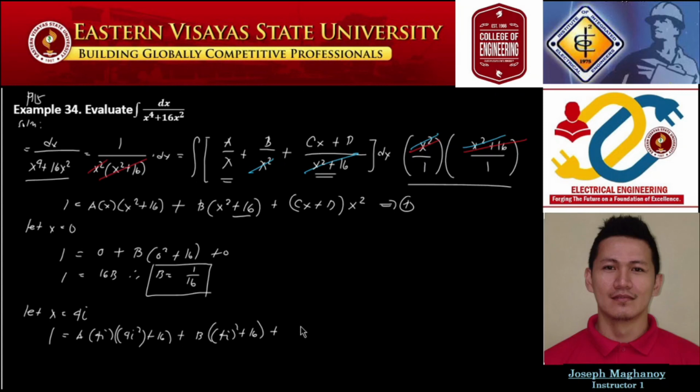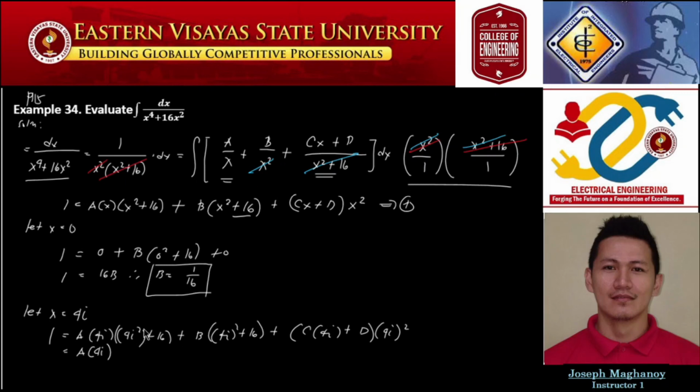Plus our c times x, that is 4i, plus d. We don't have yet a value for d. Then multiply by 4i squared. Okay, so the remaining: a times 4i.